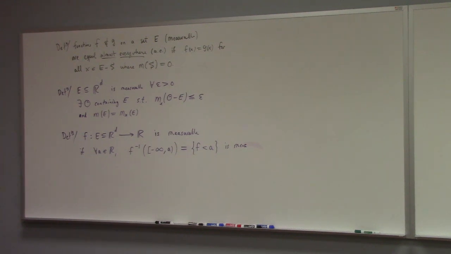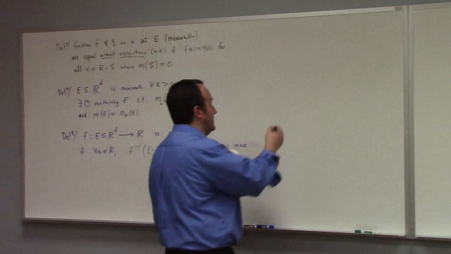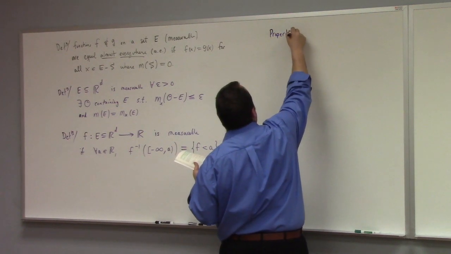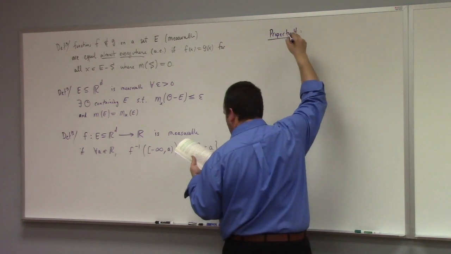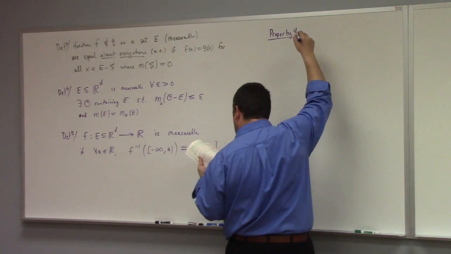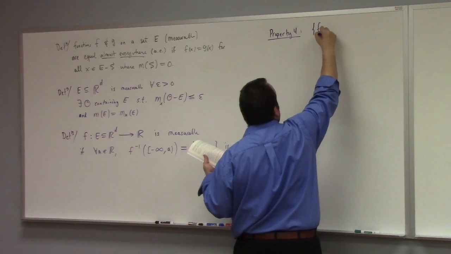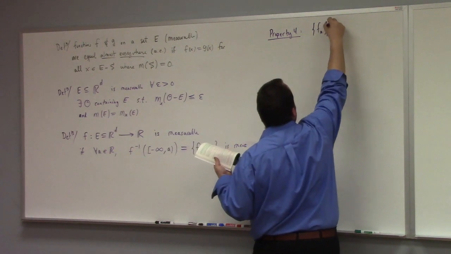Property 4 says that if we have, I'll write down property 4 since I can write it down, and I think it's interesting. Okay, fine, they're all interesting, but this one's more interesting. Property 4. Suppose we have a sequence, a collection of measurable functions f_n, n equals 1 to infinity.